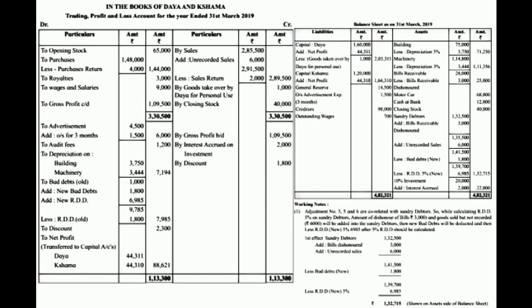Remember one more thing: the outer column is an important column in the final account. So please total only the outer column. After totaling the assets and liabilities, we have a common amount on both sides. It is 4,82,321. If we are getting both the amounts the same on asset as well as liability side, that means our sum is right and our sum has tallied.